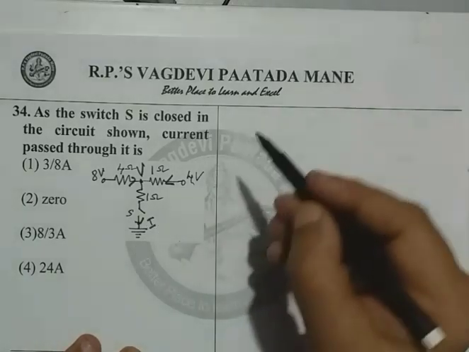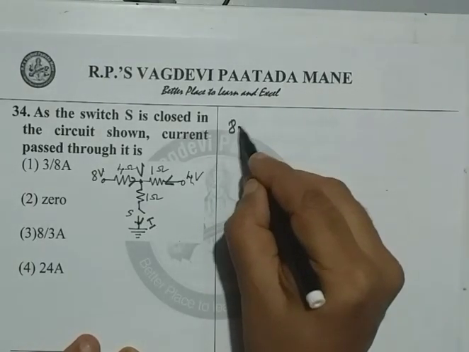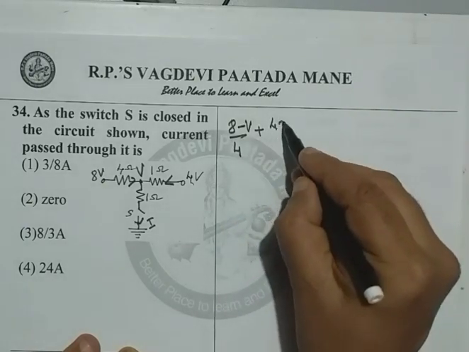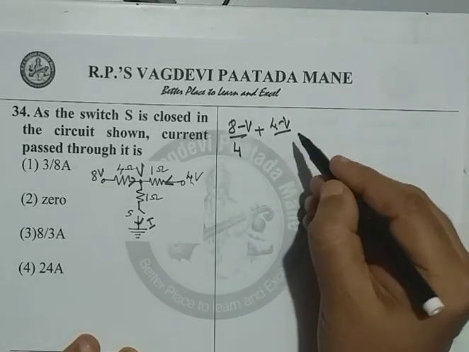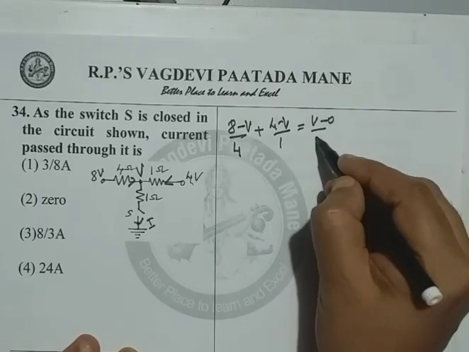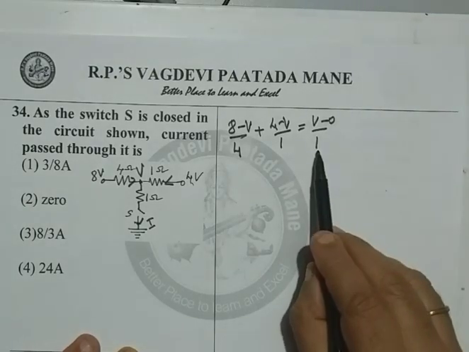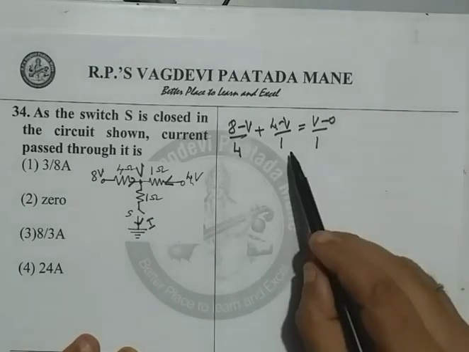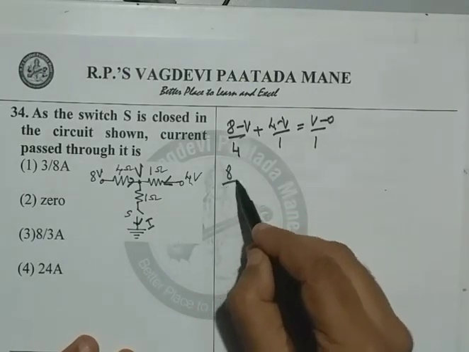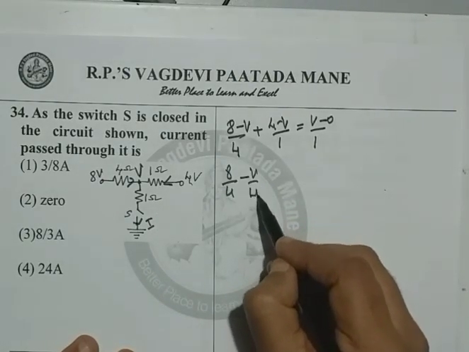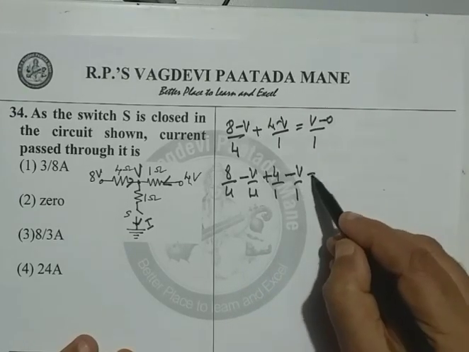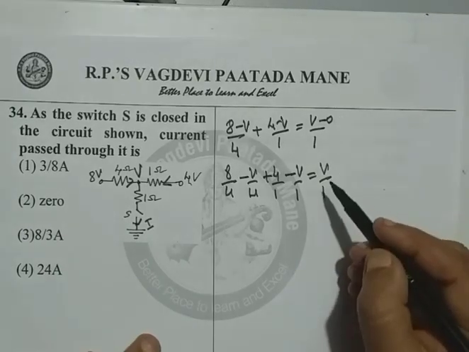ground. Therefore, I can write simply 8 minus V by 4 plus 4 minus V by 1, which is equal to V minus 0 by 1, where 1 ohm is in the S branch. Now we can write it as 8 by 4 minus V by 4 plus 4 by 1 minus V by 1 equals V by 1.